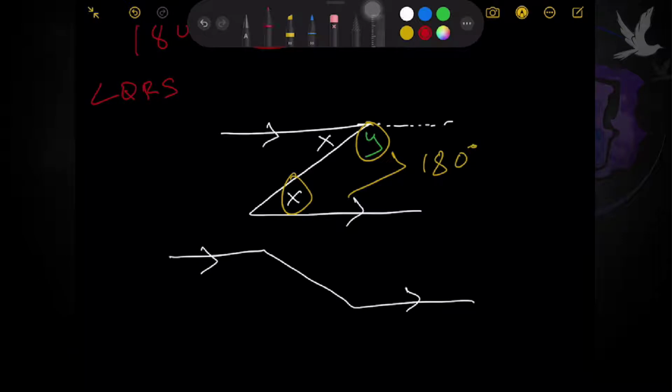Okay? So, whatever your angle here is, it's just the same as this angle over here as well. And if you're going to extend this line here and put a Y there, so another angle na tayo, if you're going to add this both X and Y, this will still give you 180 degrees. Okay?